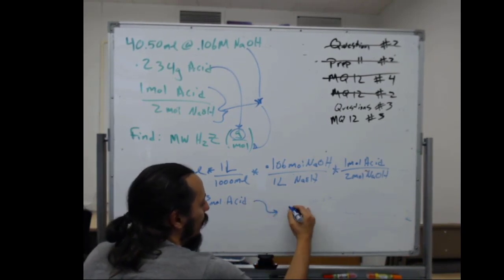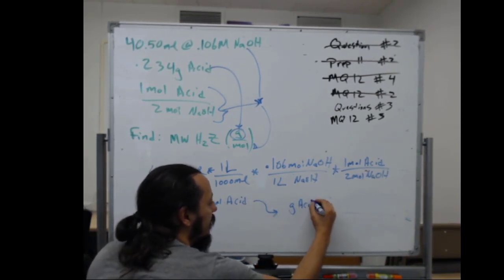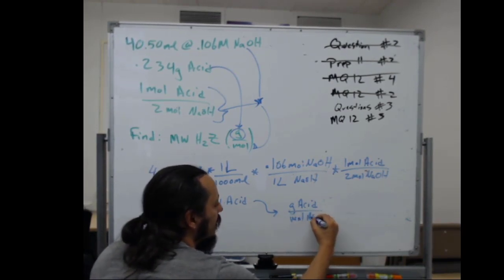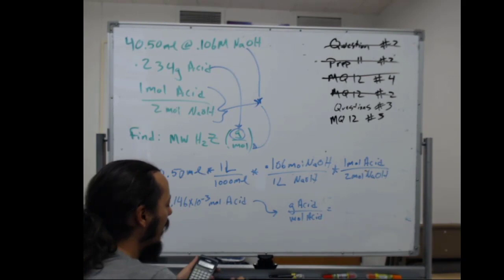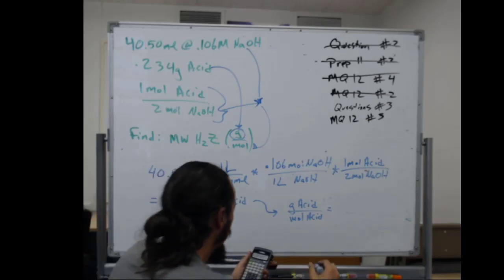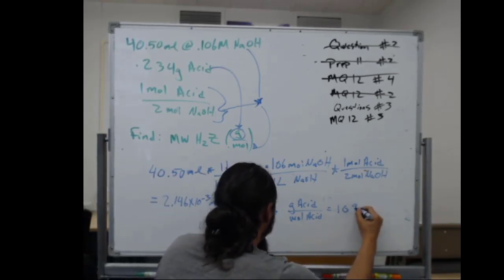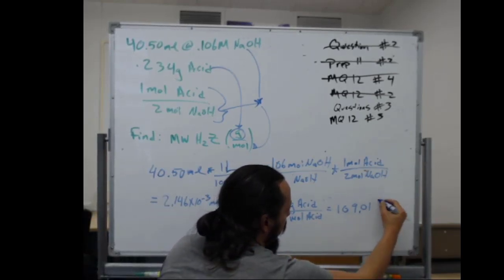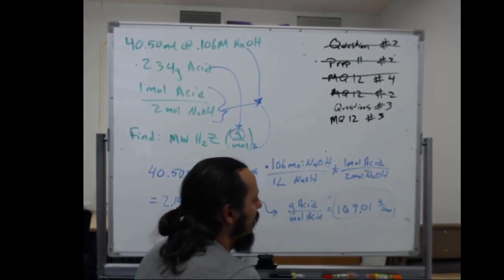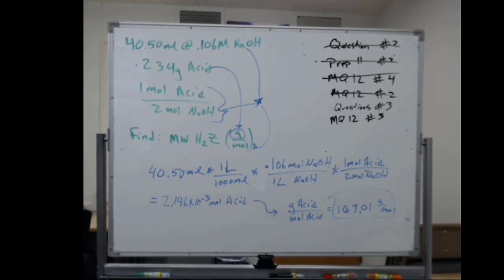Then we'll do grams of acid divided by moles of acid equals molecular weight. 0.234 divided by that. And if you have numbers like mine, you're going to get something like 109.